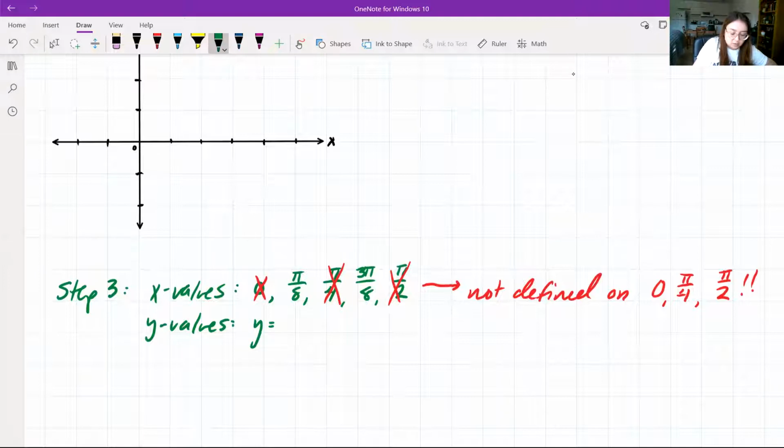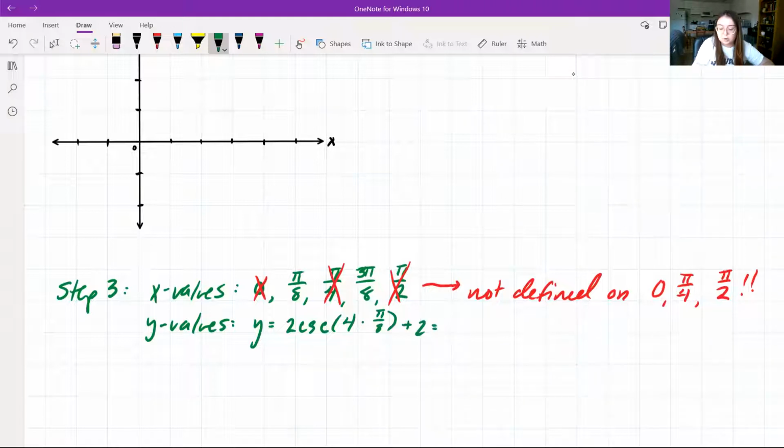We have y is equal to 2 cosecant of 4 times pi over 8, and then plus 2. So 2 cosecant of 4 times pi over 8 gives us pi over 2, plus 2.